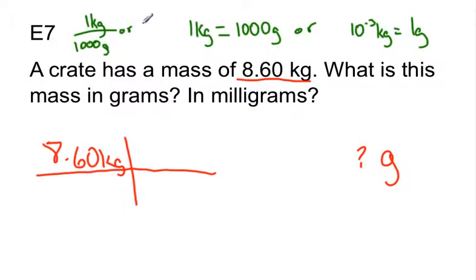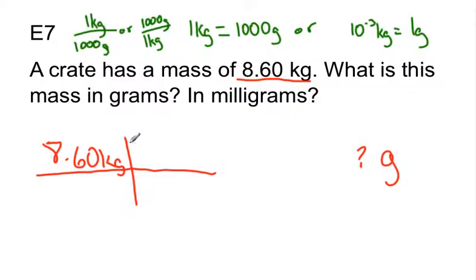Or I can say 1,000 grams over 1 kilogram. I need to use one form of this ratio in this problem to get me grams. And you ask yourself, okay, well, how do I put this in to where this unit right here, the one I have, goes away and I get this unit on the right?